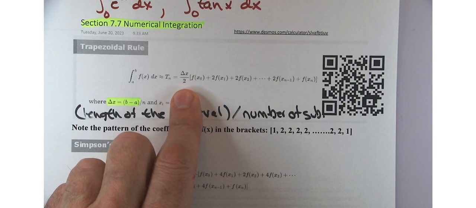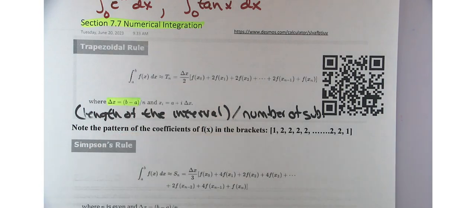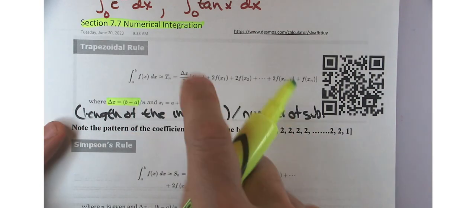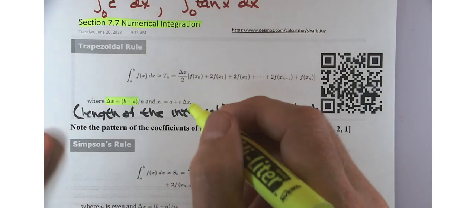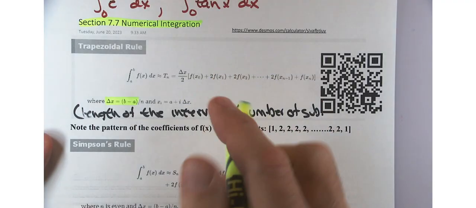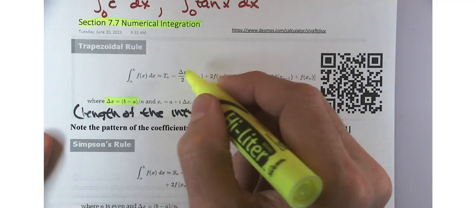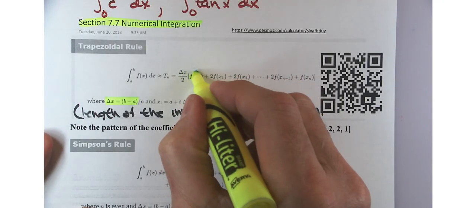Divide your delta x by 2, and then you're going to multiply it by this strange sum. Basically, it's what would happen if you try to do this repeatedly with a bunch of adjacent intervals, and you get this weird sum that looks like this.